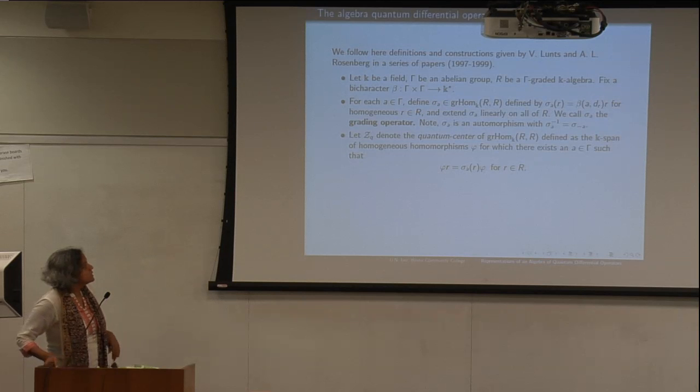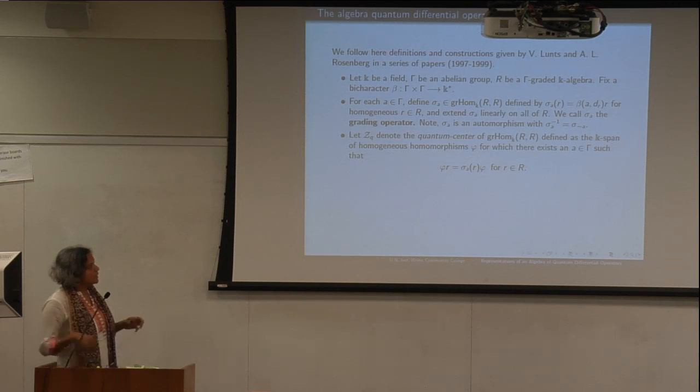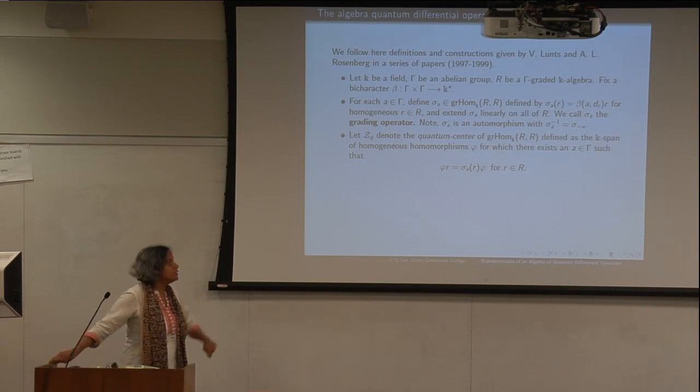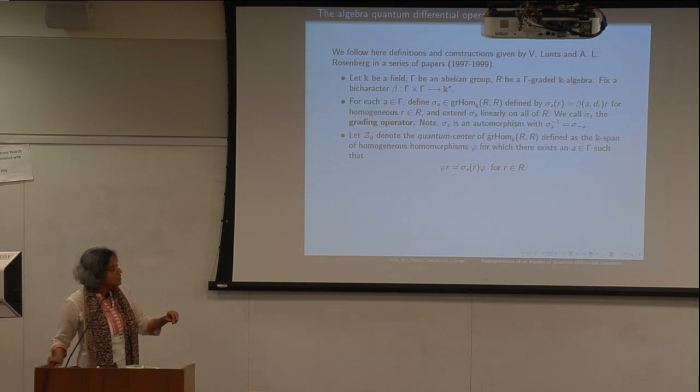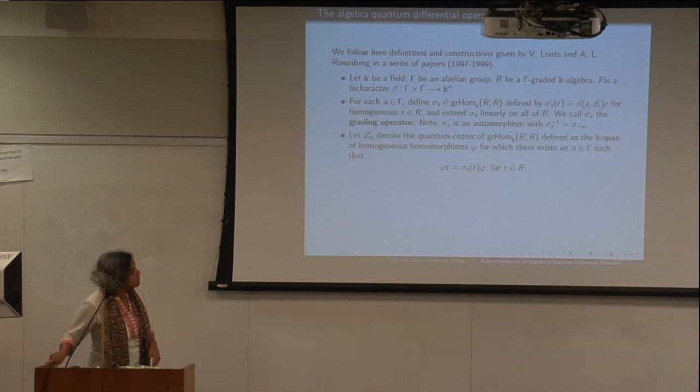All right. So let Z sub Q denote the quantum center of my R-bimodule of graded homomorphisms. Mind you, graded homomorphisms here do not maintain degrees, they could shift degrees.